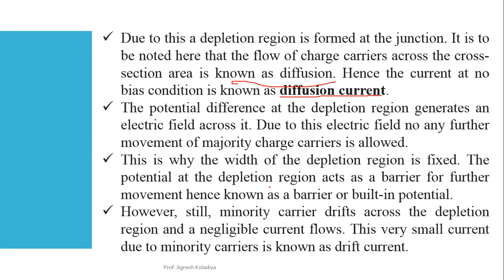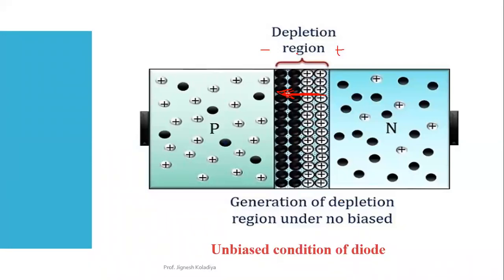The potential at the depletion region acts as a barrier for further movement and hence is known as the barrier or built-in potential. Depending on the material you select, this potential differs. Remember, for silicon, this barrier potential is 0.7 volt, and for germanium, this barrier potential is 0.3 volt.